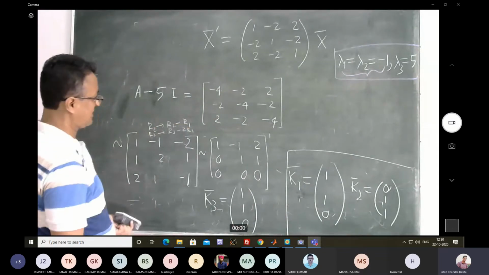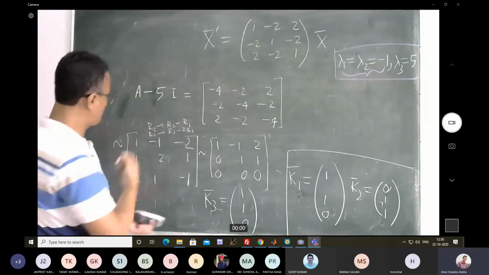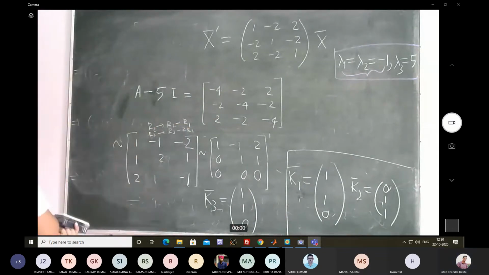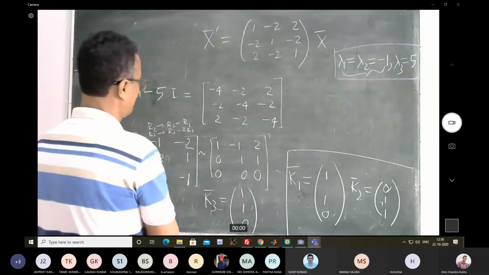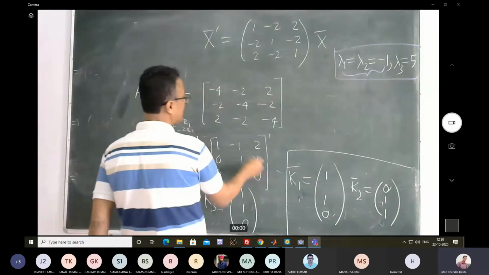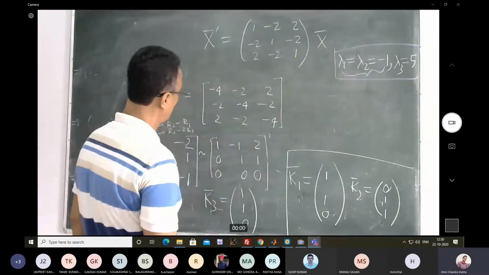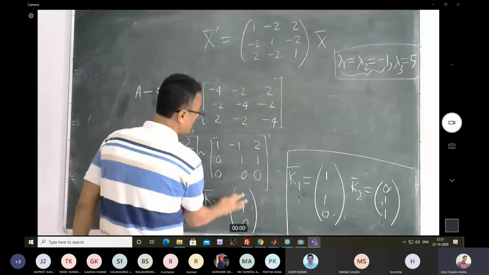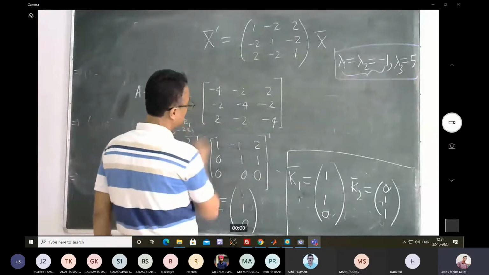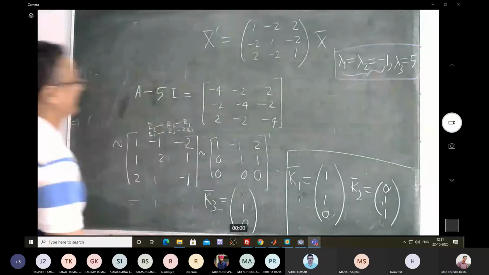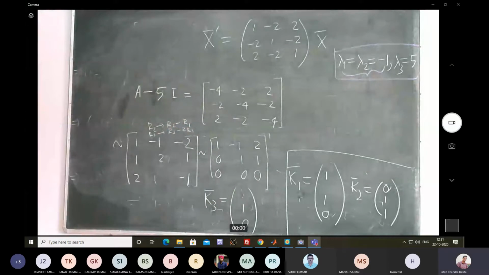Is it going to give me 1 1 0? Will it be? No, sir. Why not? I need these to be 1 minus 1, right? Why not make these two as 1 minus 1 and these are 0? Will it work?